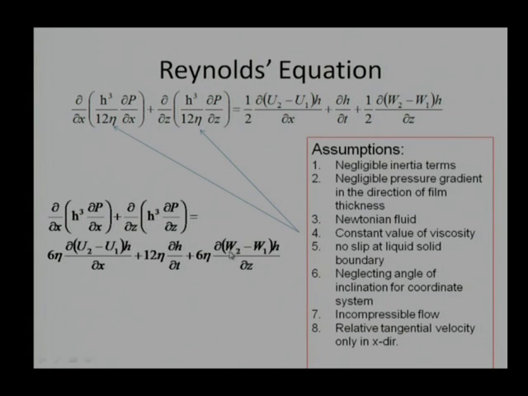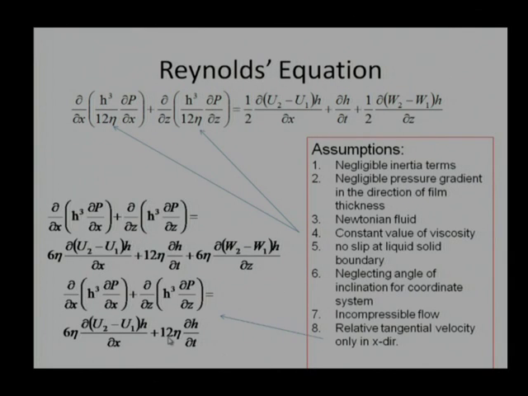So, this term can be neglected in this situation, because there is no relative velocity along the z direction. In that situation, this equation is simplified, one term has been eliminated, and that gives a simplified expression: the pressure term on the left hand side, this term expresses a wedge action plus stretching action, and this is the squeeze action.